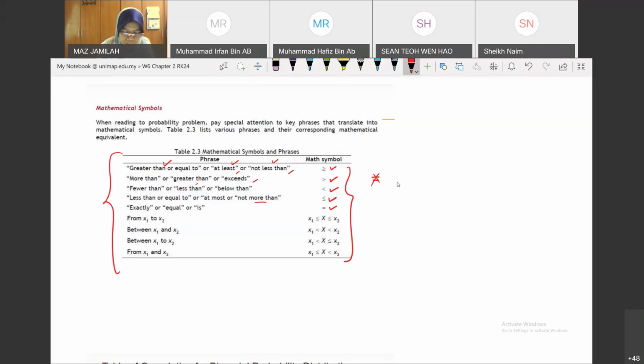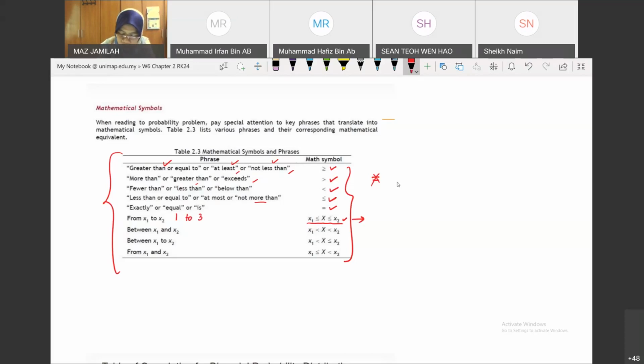Now, this will be the one that most students sometimes mess up, because once you use the wrong term, definitely the answer will be wrong. So what does the term from x1 to x2 mean? This will be the phrase in terms of the mathematical symbol. For example, from 1 to, let's say, 3.